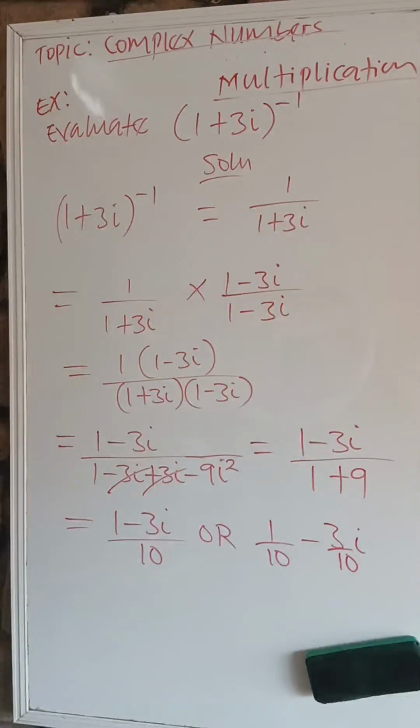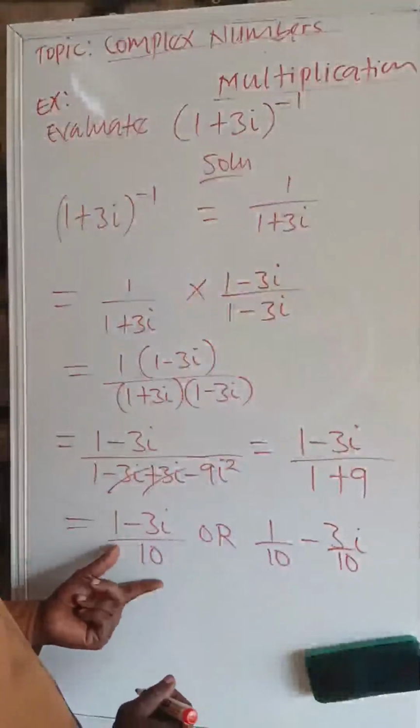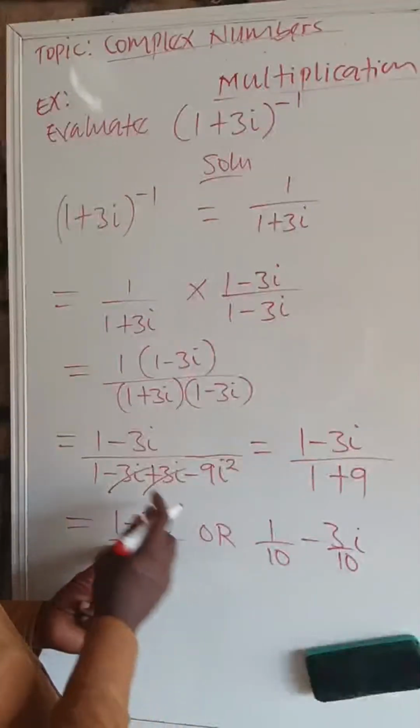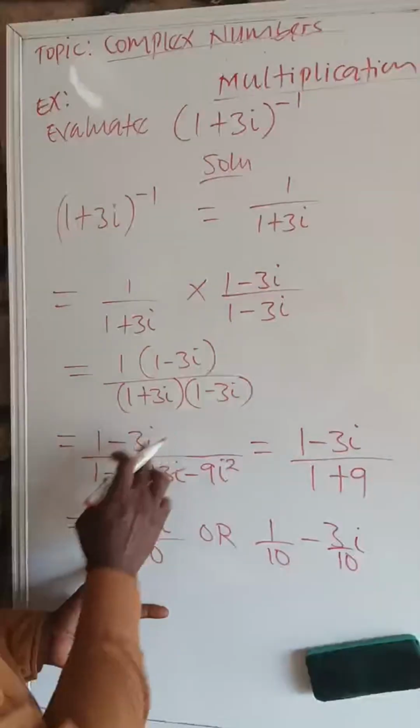The last step. What happened to the last step? Look at it here: 1 minus 3i, true or false?